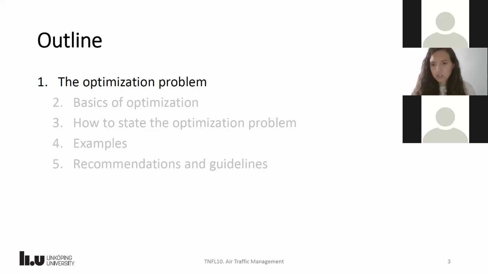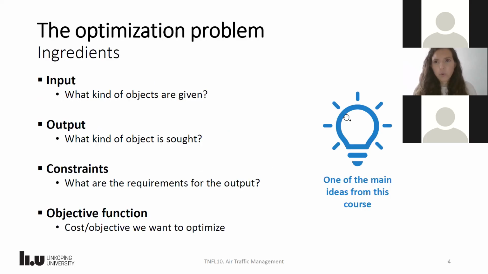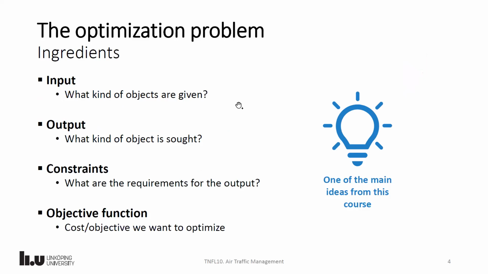So let's start with the optimization problem. What are the ingredients of an optimization problem as we are going to think of them? Well, first we have an input, which is the objects that are given to us, the variables which we are working with.